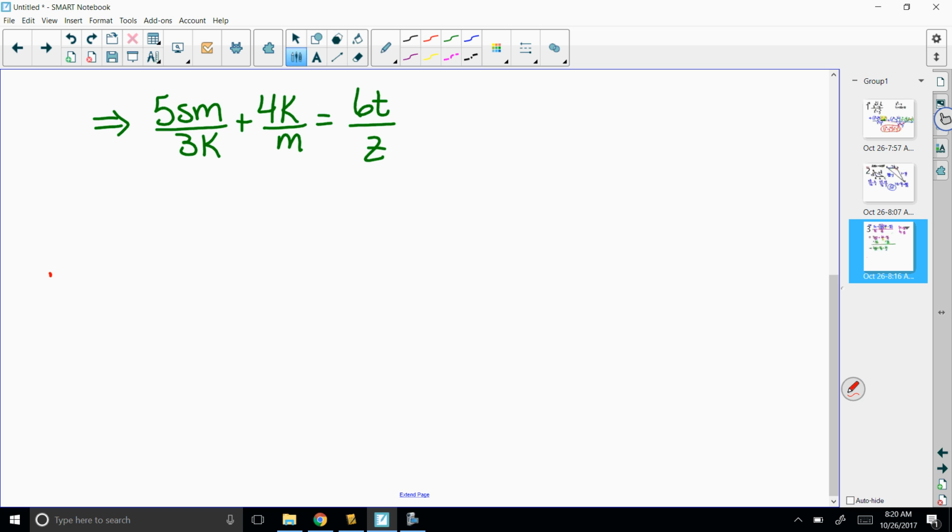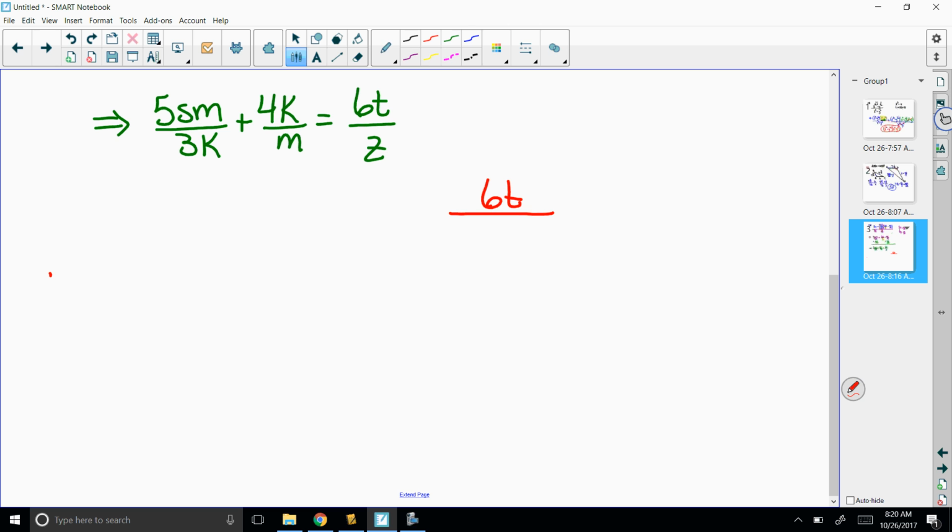You could. When you do that, Caitlin, you're going to get 6T, and you divide by 5SM plus 4K all over 5KM. No, that's not all over. That's where I'm going to mess up because that's not the step I would do.